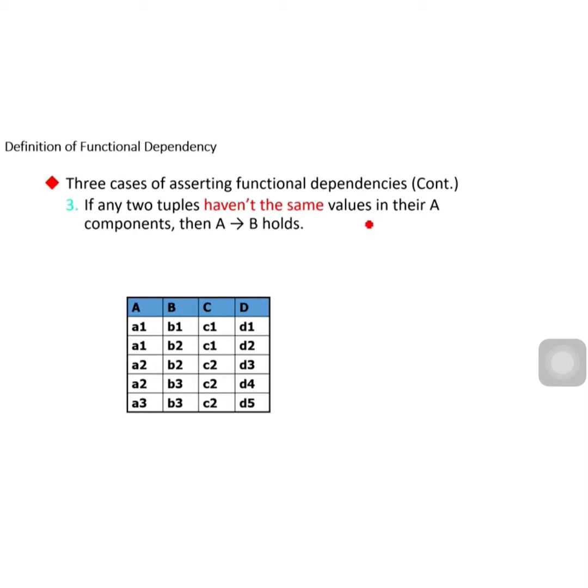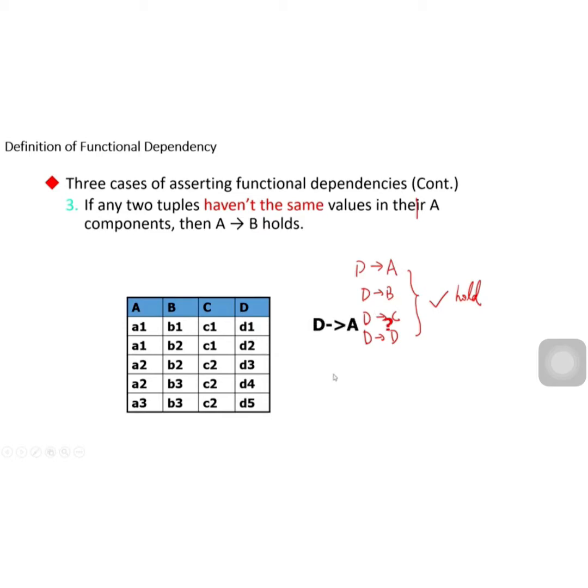Then D functionally determines A, D functionally determines B, D functionally determines C, D functionally determines D. All these FDs hold in this relation, because if we cannot find any two tuples with the same value in D, then D functionally determines any attribute holds in this relation.